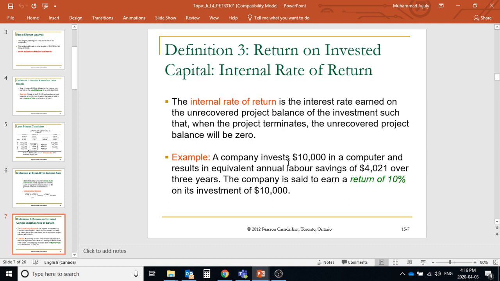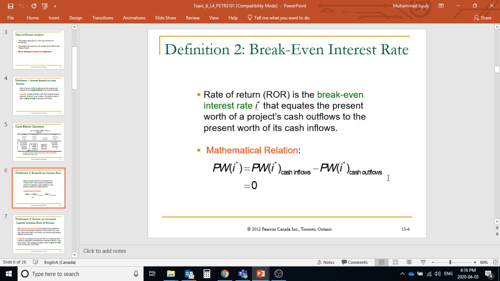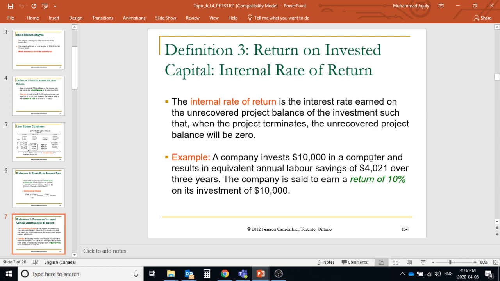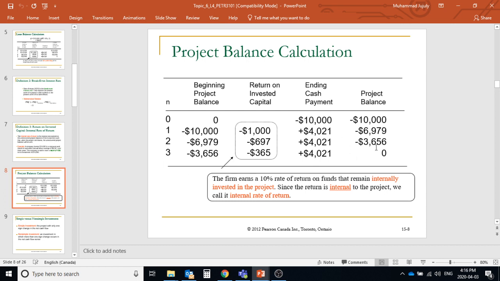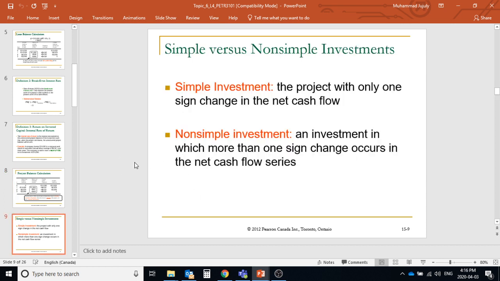The company invests this amount of money in a computer, and the result, the equivalent annual labor saving, is this amount of money over 3 years. The company said the rate of return is 10%. That means the cash inflow and cash outflow become 0 on the investment of 10,000. This is how we can see the balance.